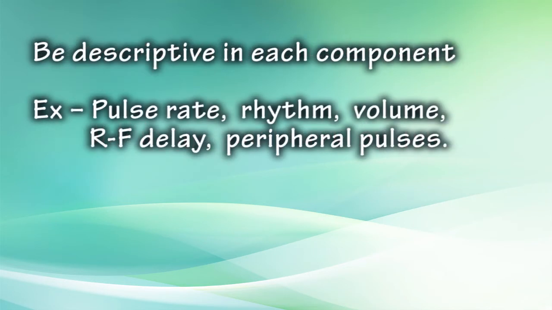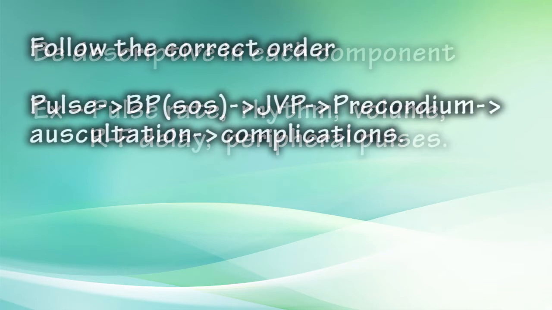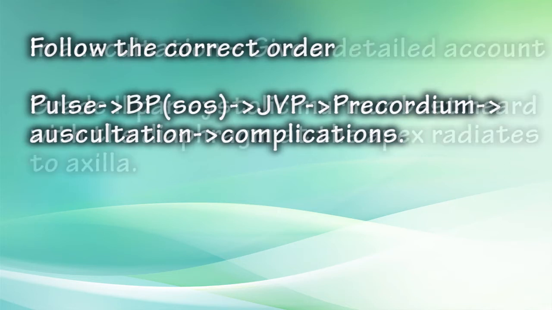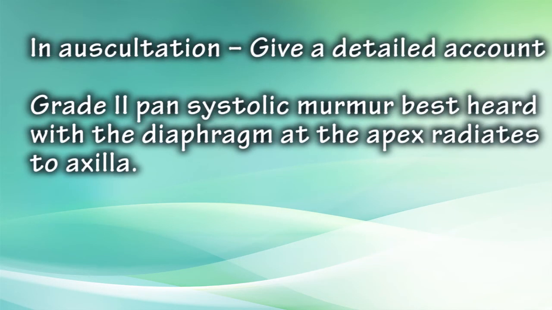He starts from the pulse and completes the pulse with rate, rhythm and character. He is in order: jugular venous pressure followed by the precordial examination. He is detailed on what he heard. He heard a diastolic murmur with the bell, with the patient turned to the left lateral position.